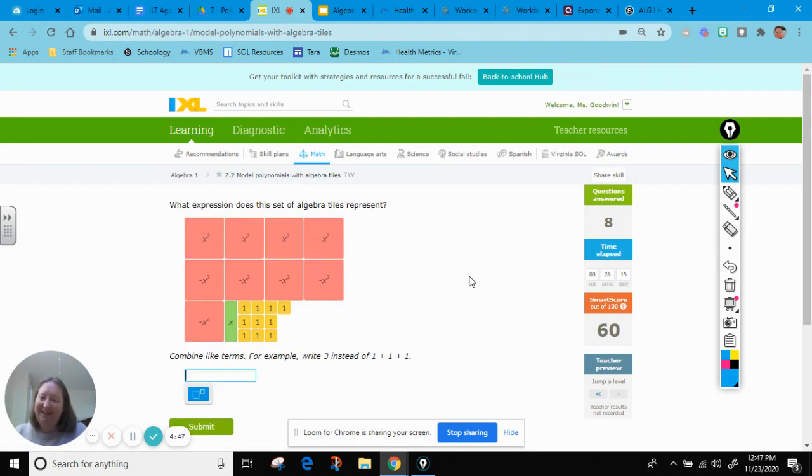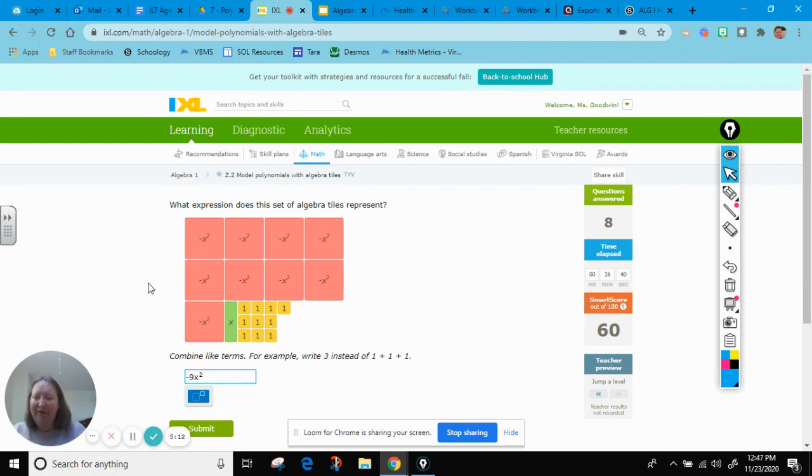Okay, so at 60, that's when it changes to having negative tiles. So it's really no different here. All of the large square tiles I have are all negative x squared, so I'm just going to combine them. 1, 2, 3, 4, 5, 6, 7, 8, 9. Okay, so negative 9x squared.